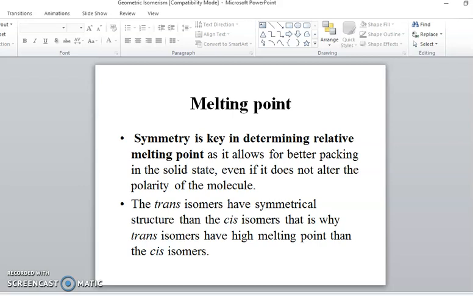Whenever the molecules in a solid are more symmetric, the packing will be more efficient. And if the packing is more efficient, as I told you, the melting point will increase. So this is a key point. Symmetry is key in determining melting point, as it allows for better packing in the solid state, even if it does not alter the polarity of the molecule.